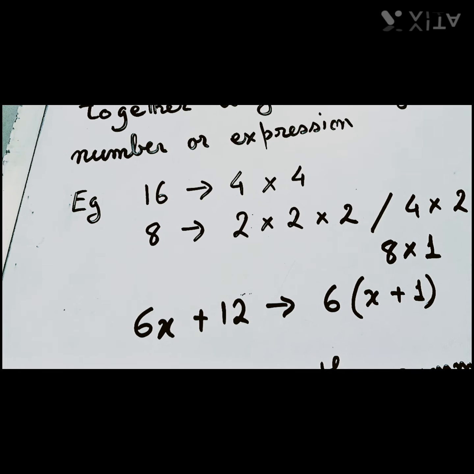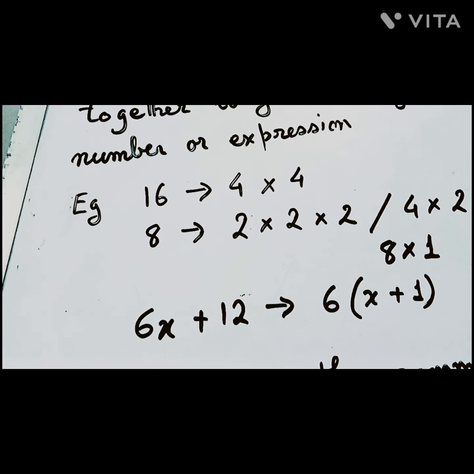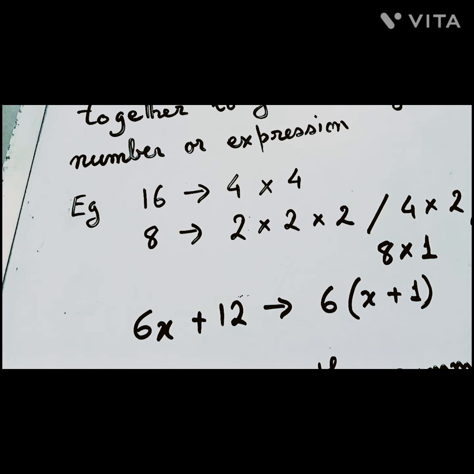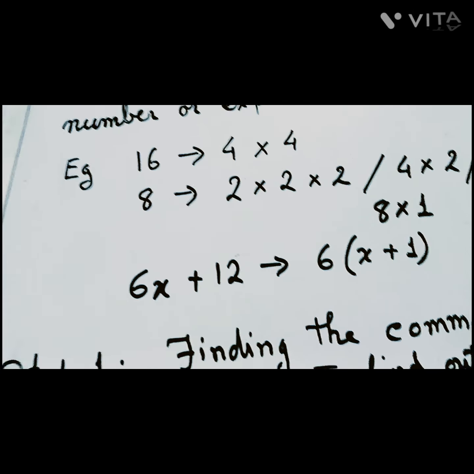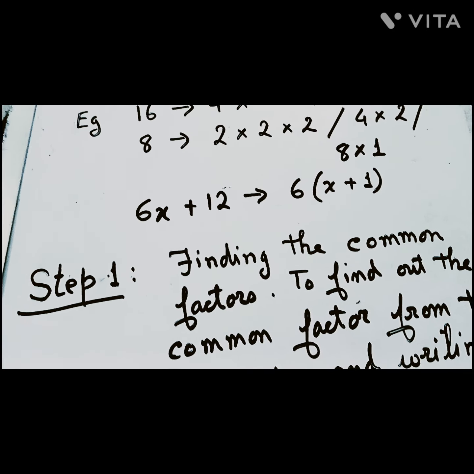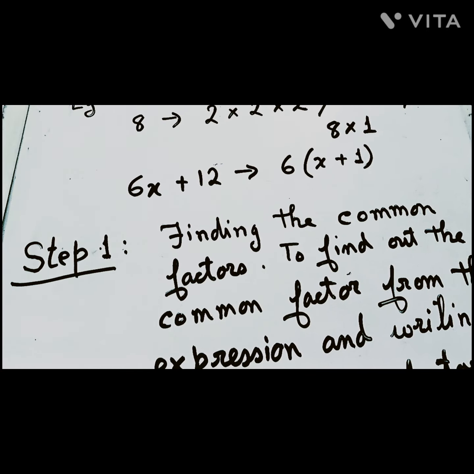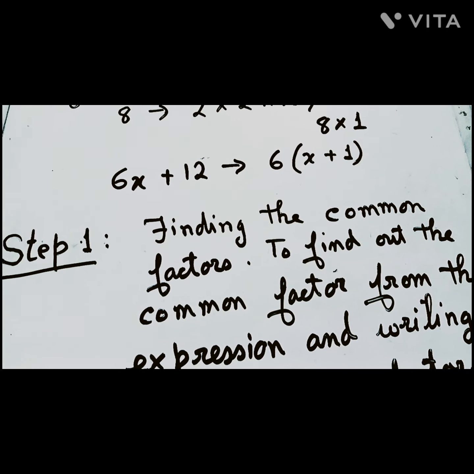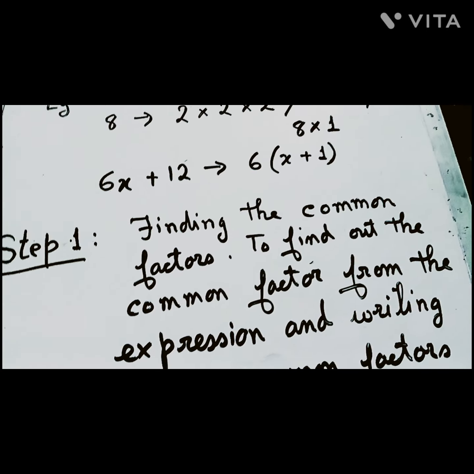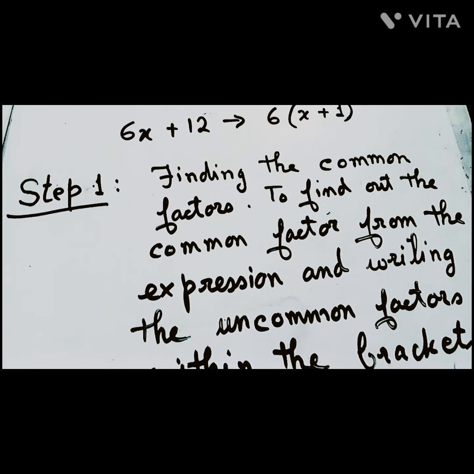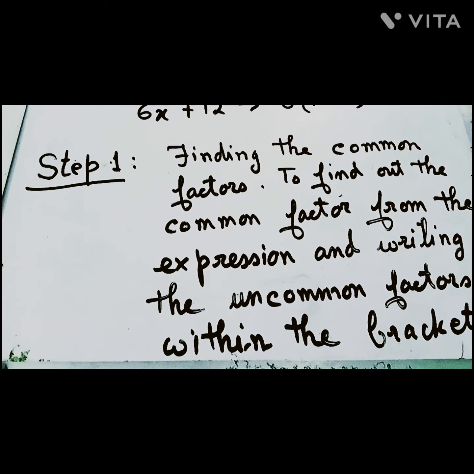So 6 and x plus 2 are the two factors of the expression 6x plus 12. To find factorization, the first step is finding the common factors from the expression and writing down the uncommon factors within the bracket.